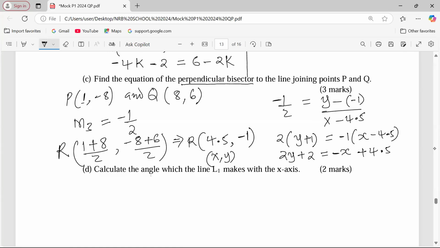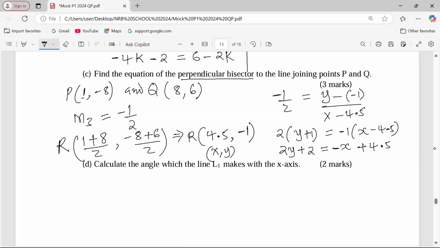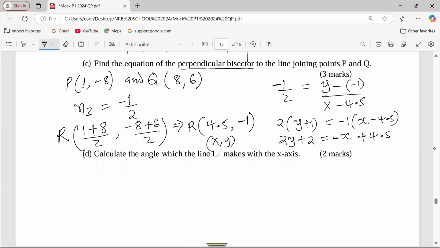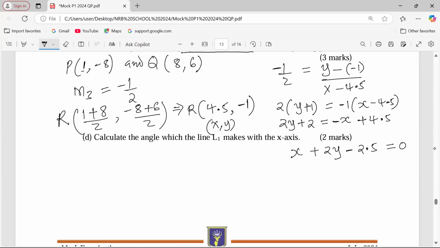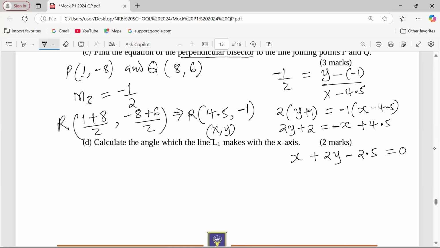We can have any format for this equation because the examiner has not dictated any format. Actually, we can begin with x being positive, then 2y, then 2 minus 4.5 gives negative 2.5, equals 0. So the equation can even take that format. So we are already done. The equation can be in any format as long as the examiner has not specified.